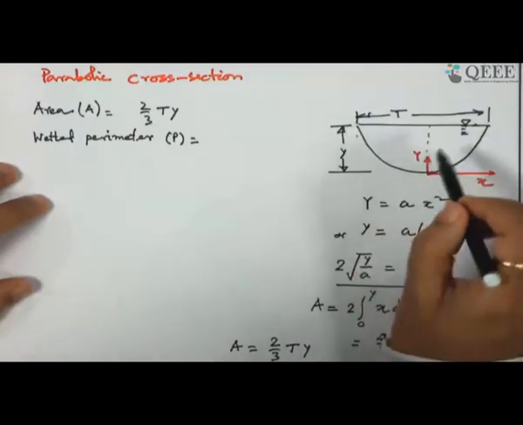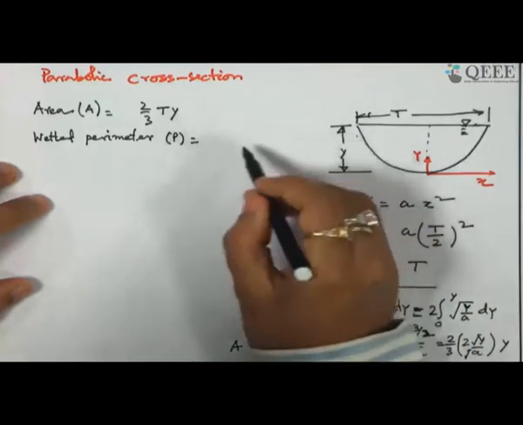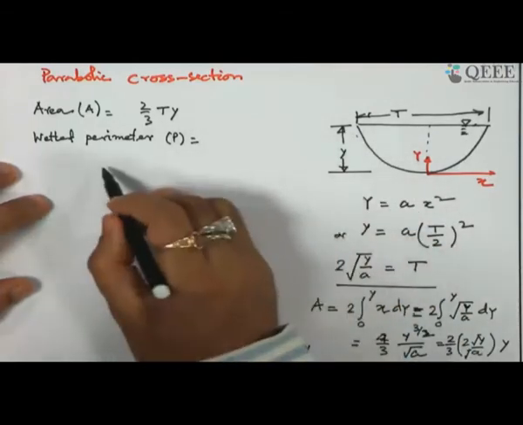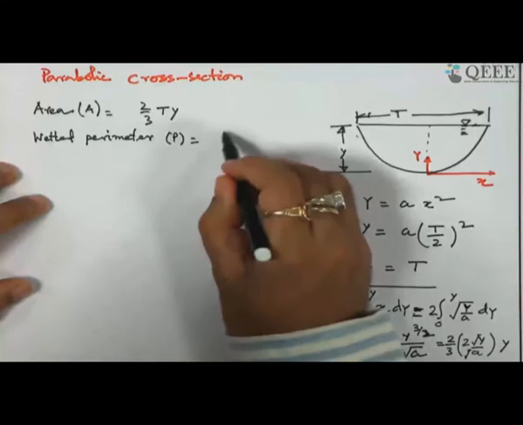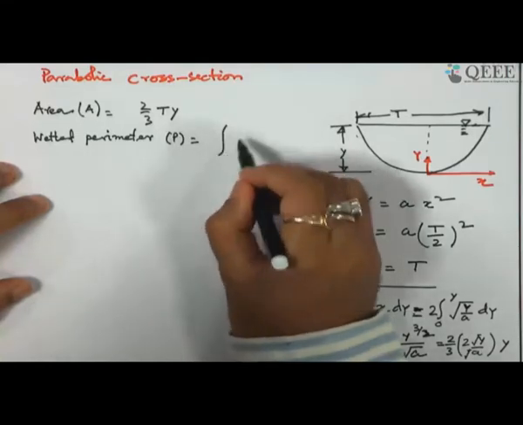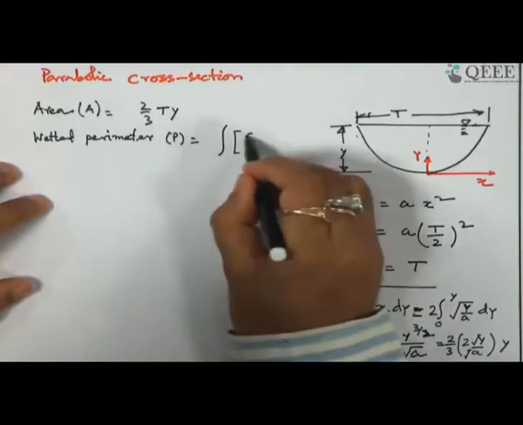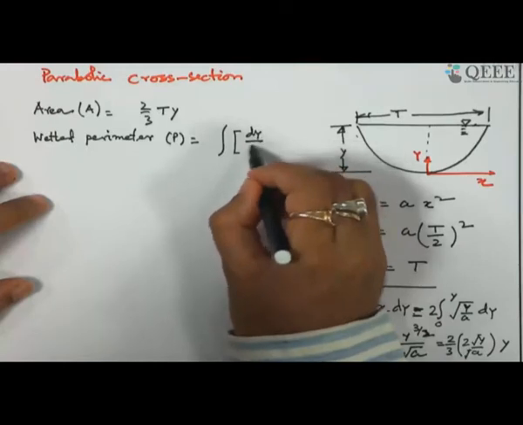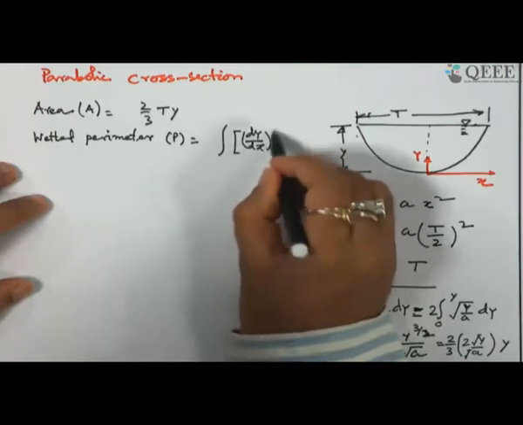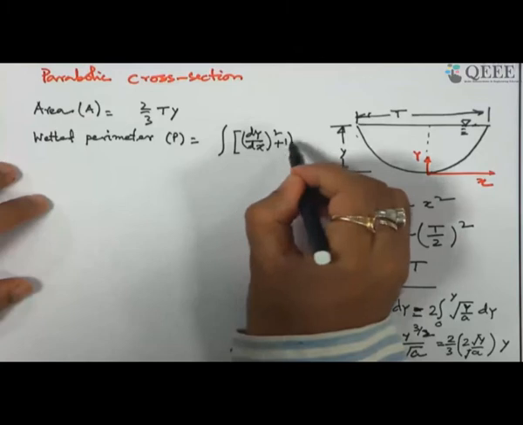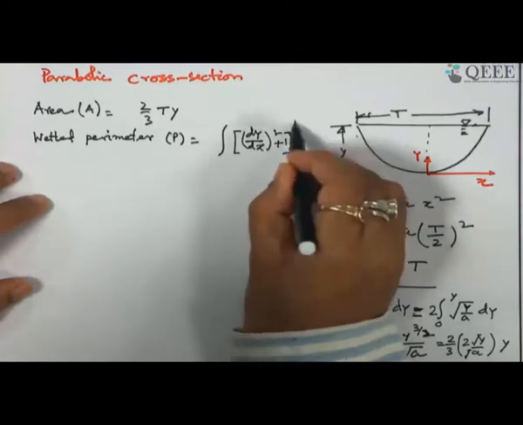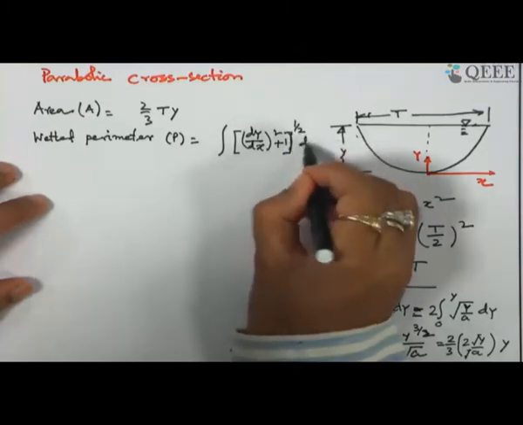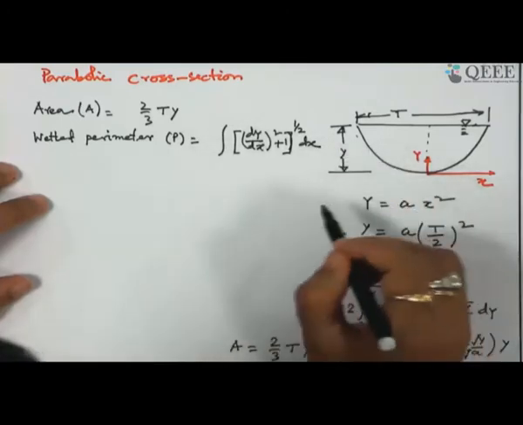So, we can represent the wetted perimeter as the integral of dy by dx square plus 1, the whole to the power half, into dx.